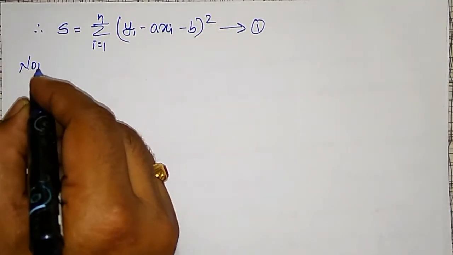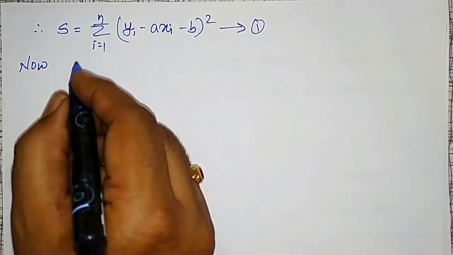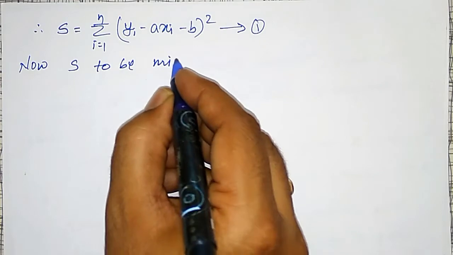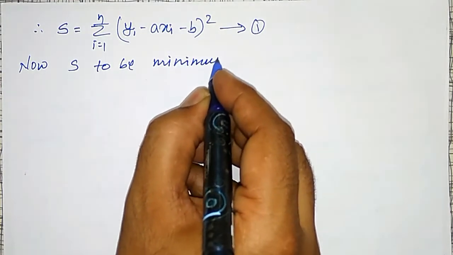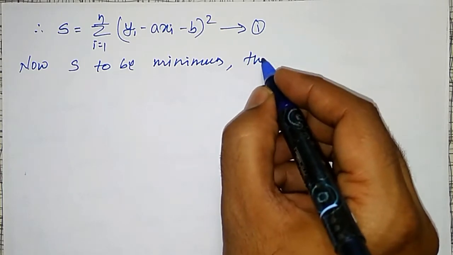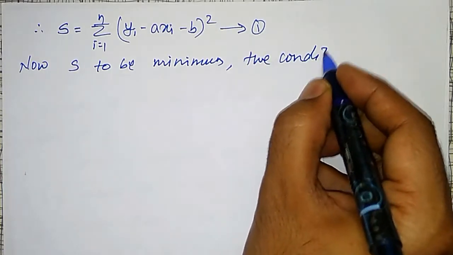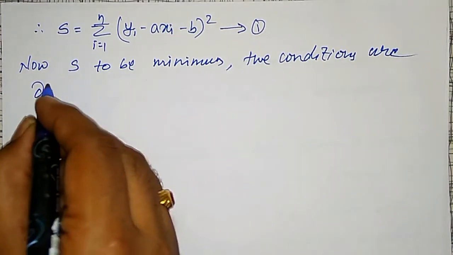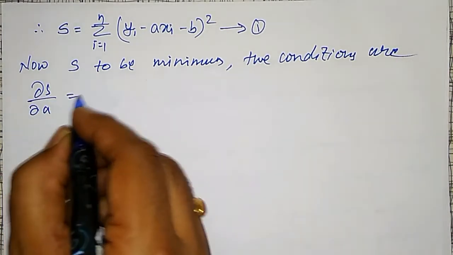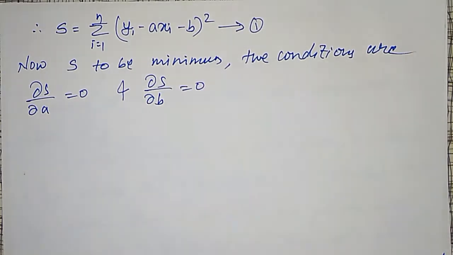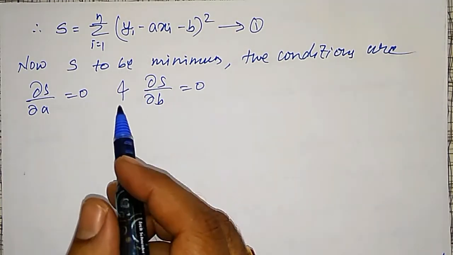Now, for S to be minimum, the conditions are dou S by dou a equal to 0 and dou S by dou b also equal to 0, because S is a function of two parameters a and b.